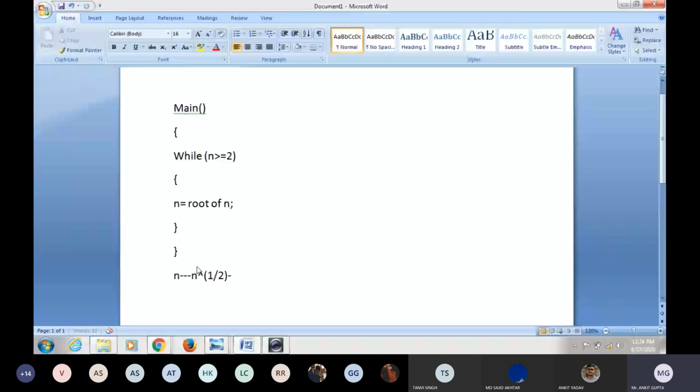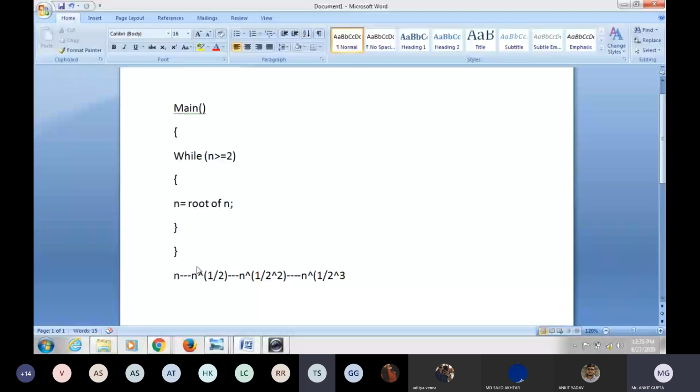Again, third time n raised to the power 1/4, that is 1/2 squared. Correct. Fine. Again, fourth time n raised to the power 1/2 to the power 3. Did you get this?